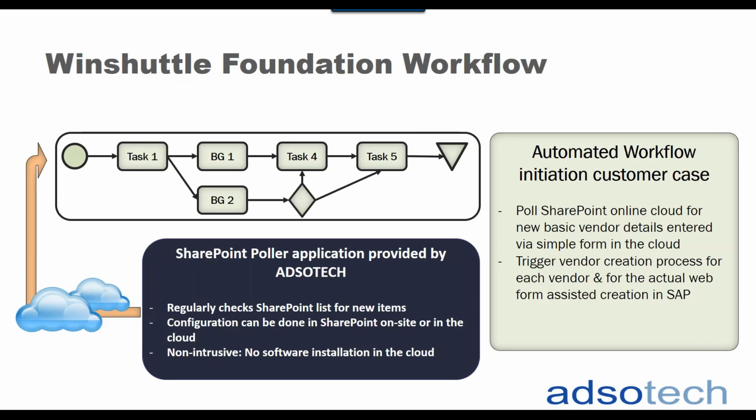But there is a separate polling service or polling application which checks this SharePoint Online list on a regular basis, and if there's a new item, it will trigger a Winshuttle workflow, and then you have the actual vendor creation SAP workflow started based on information in the SharePoint cloud.